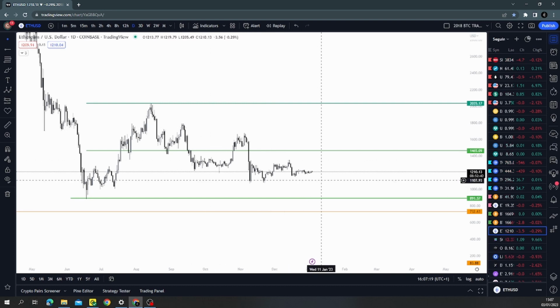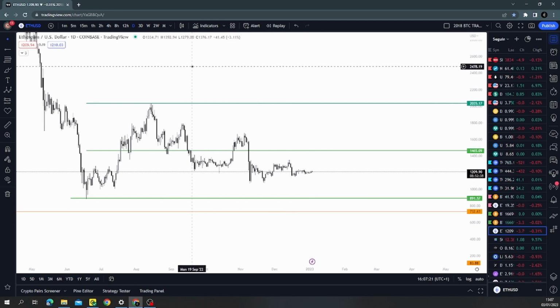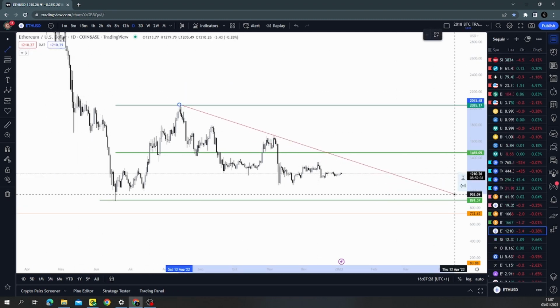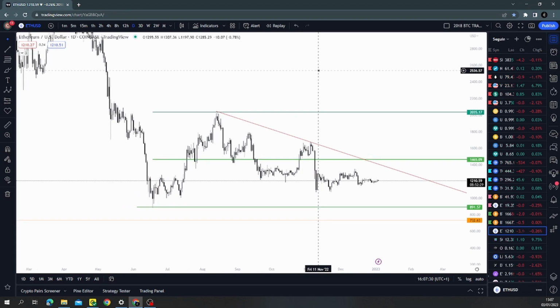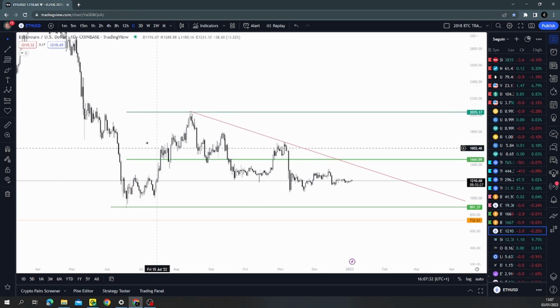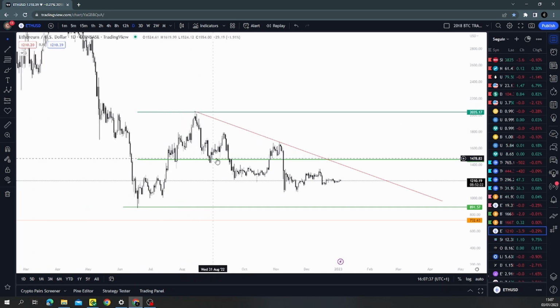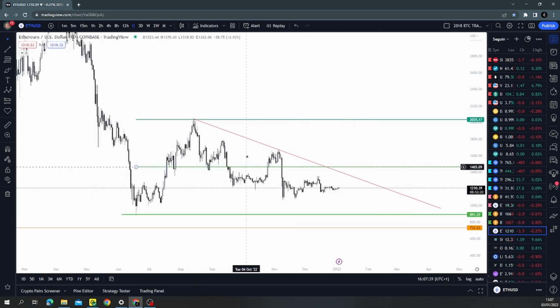Now that we identified the range in the daily time frame, we're going to mark our trend line of resistance somewhere over there. And we're going to try to find our trade in this part over here.